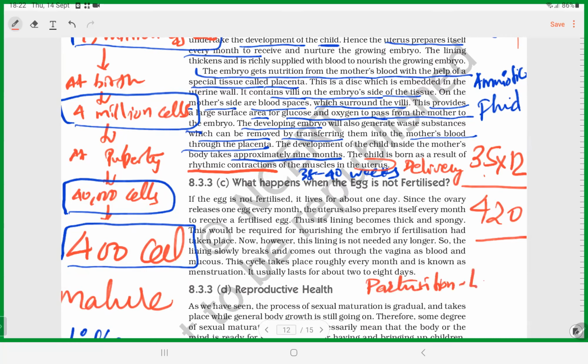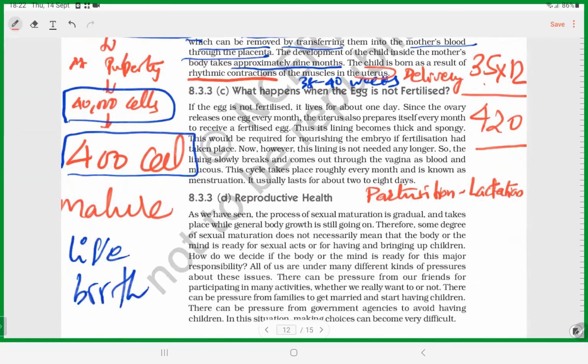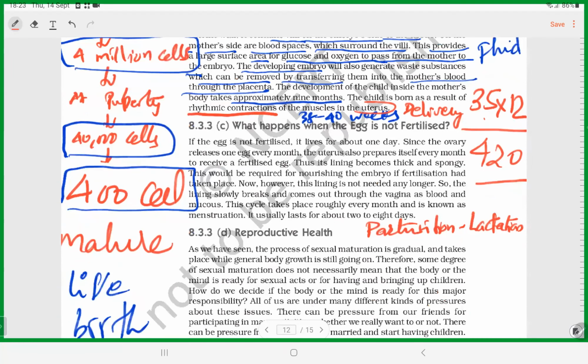Then finally, till the baby develops, what is the final process? Lactation. What is lactation? Milk production, and the child is nourished by the mother's milk. Is it clear, Kaushik?